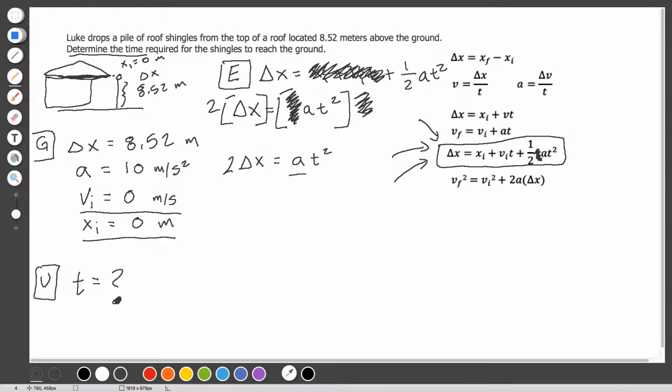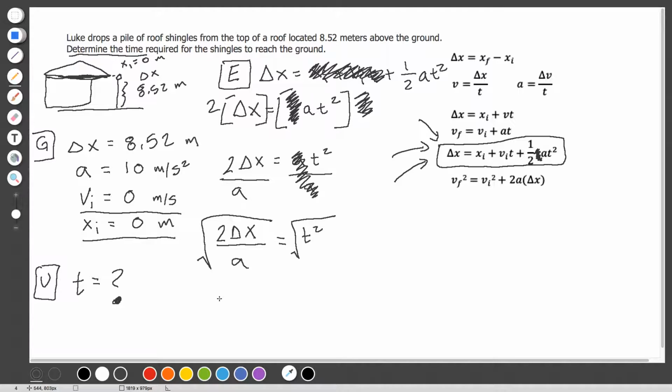The next step is to get rid of this a. So divide both sides by a, and that goes away. 2 delta x divided by a equals t squared. And the last thing we need to do is get rid of this exponent of 2. In order to do that, we got to take the square root of both sides.